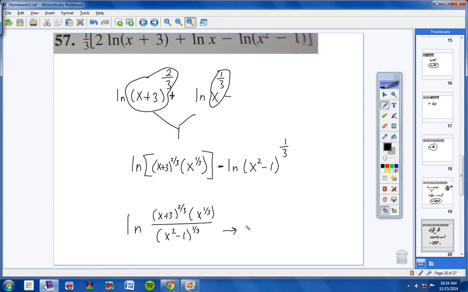Okay, here's what the back of the book, they had this. They said to write a cubed root like this because they all have a denominator of 3. And so leave the x plus 3 to the second power. That 2 right here comes from this 2 right here.